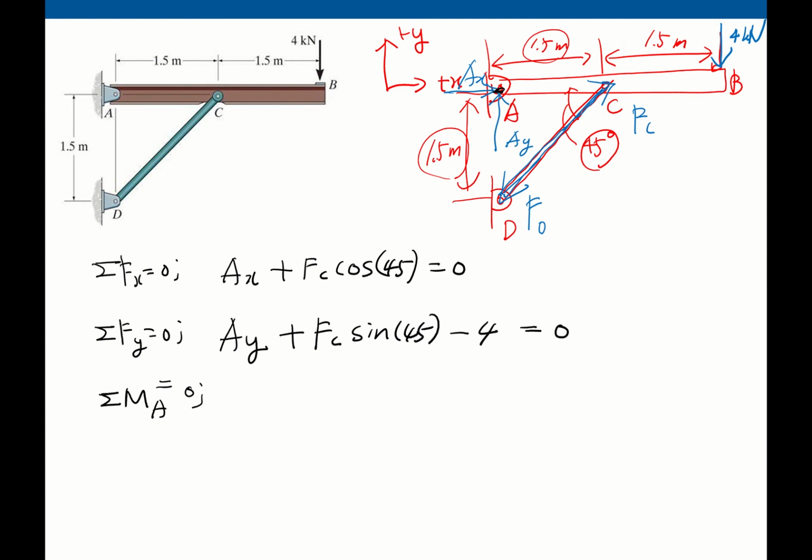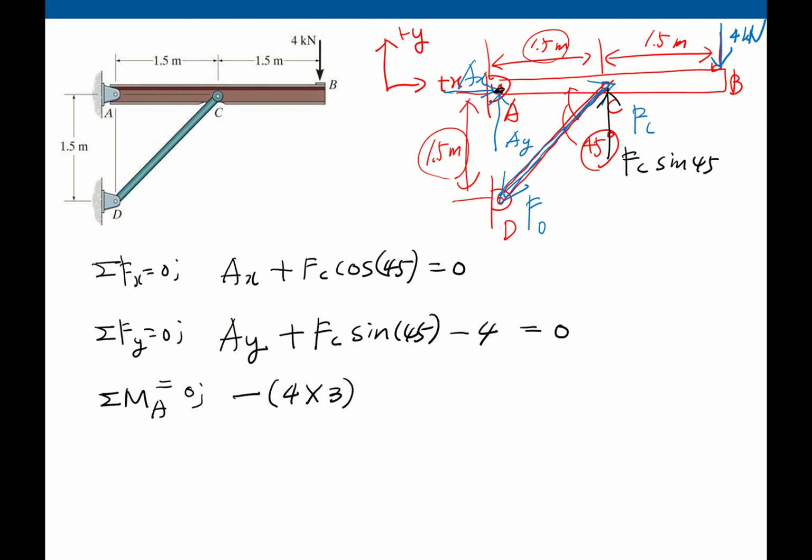And sigma moment at point A: the 4 kilonewton creates clockwise rotation, which means minus 4 kilonewton times the perpendicular distance of 3 meters. How about at point C? There is a vertical support reaction, which is FC sine 45.